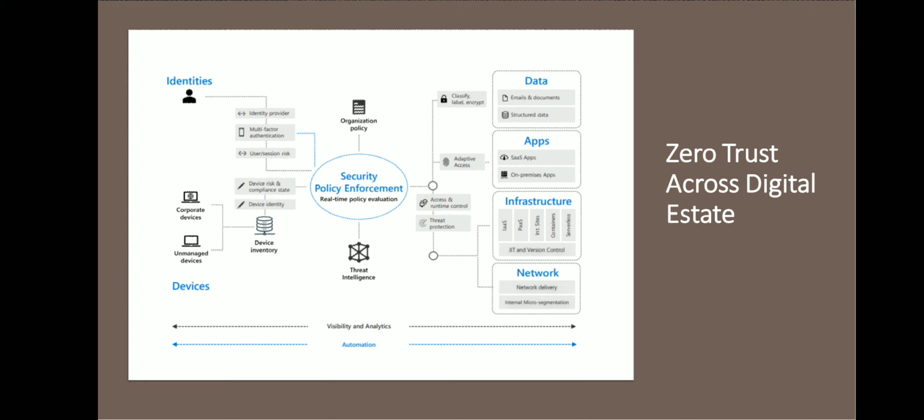So for instance, if you are on premises or cloud, it does not matter. If you have cloud infrastructure plus on premises, you are collecting that data, and you are defining access and runtime control on those systems, plus the network data about your network delivery packets, and so on and so forth.